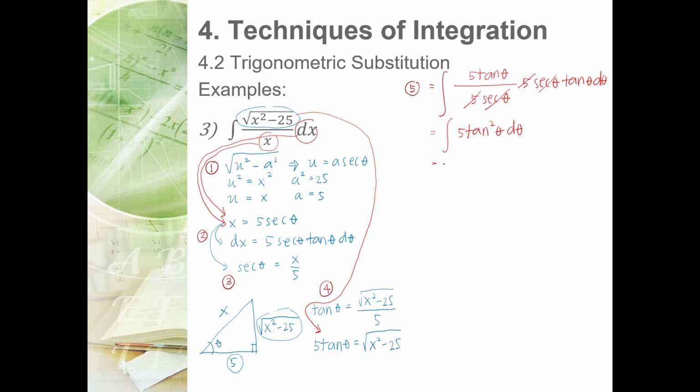So you may place the constant outside. This would give us 5 integral of tangent squared theta d theta. So if you're trying to remember the formulas for the basic trigonometric functions, there's no such formula for tangent squared theta.